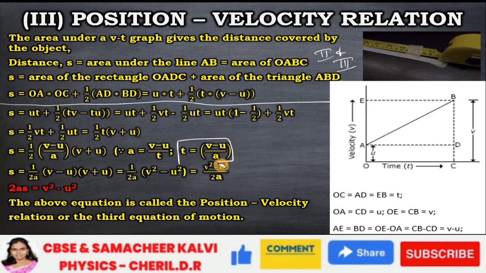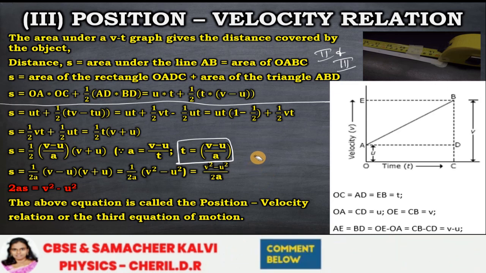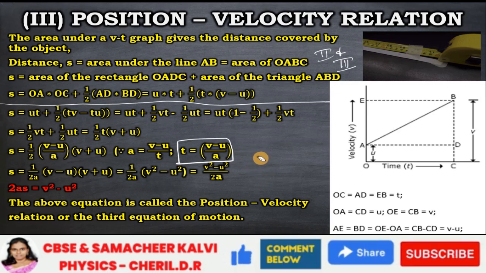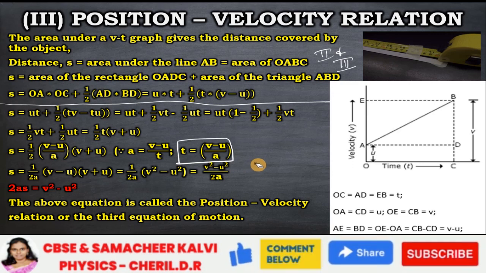Then you get the equation v square minus u square is equal to 2as, which is called the position velocity relation, or the third equation of motion. Is it clear, children? Yes? Okay.